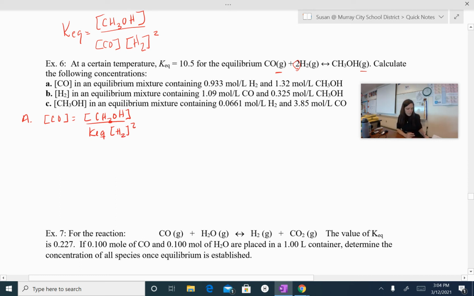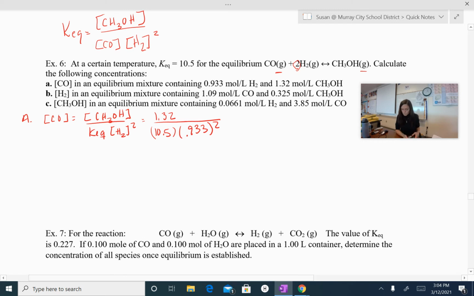Do you guys agree with that setup? Okay, so we're going to plug in our methanol concentration. So I'm going to have 1.32 molar divided by our equilibrium constant, which is 10.5, and our hydrogen concentration is 0.933 squared. Okay?